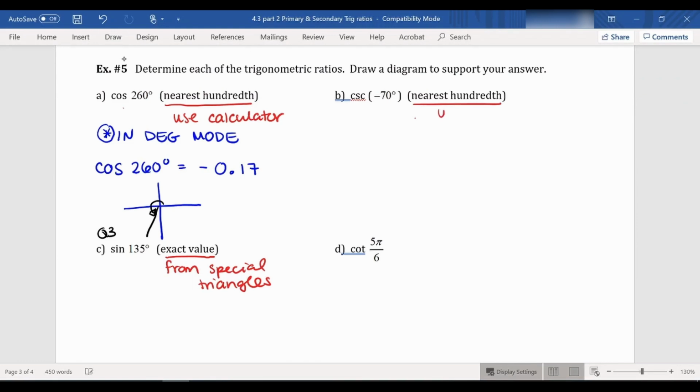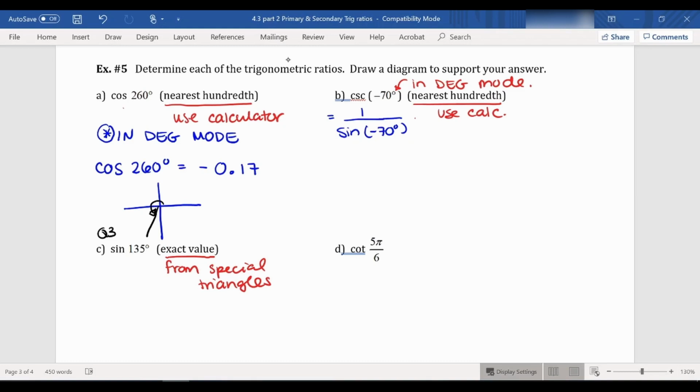This here, same thing, we need to use the calculator. And because of our degrees here, we need to be in degrees mode. Cosecant is the same thing as 1 over sine of our angle. So we need to figure out what is sine of -70 degrees and then do 1 over that.